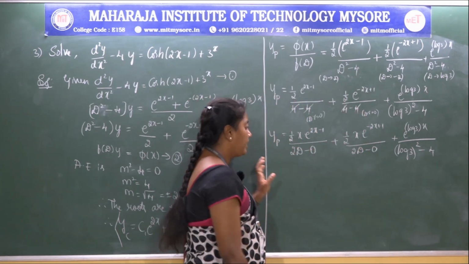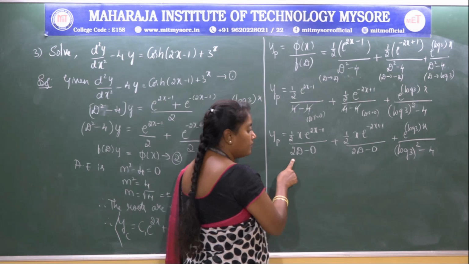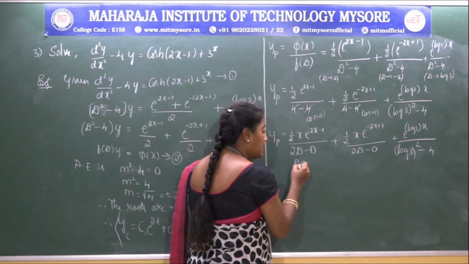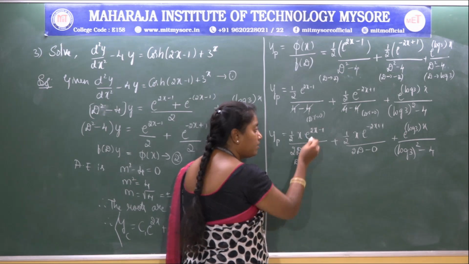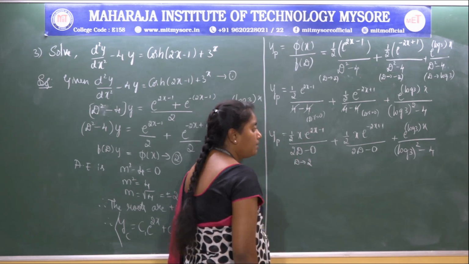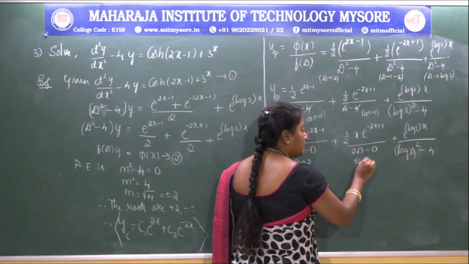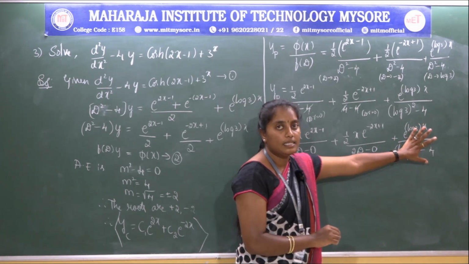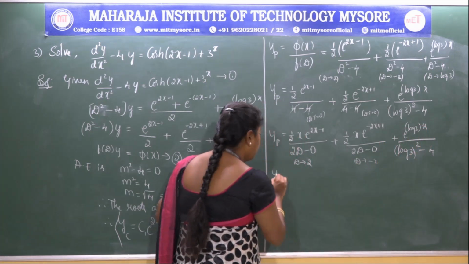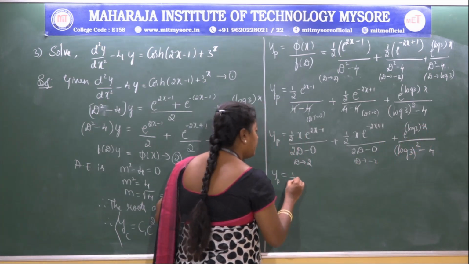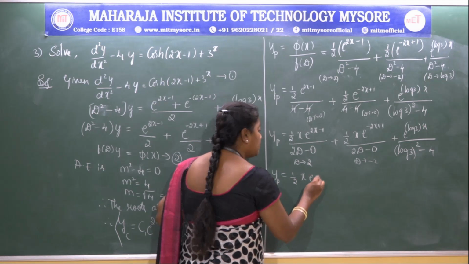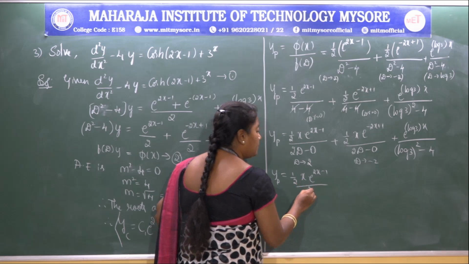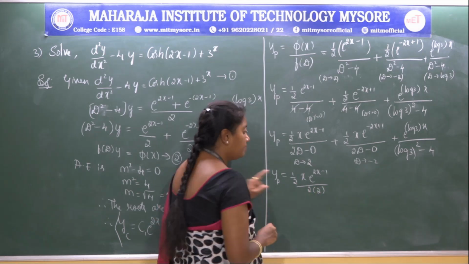So now simplifying this, after differentiating, again we have to apply the same procedure, replace d by, what is the value of a, that is 2. Replace d by 2, replace d by minus 2, and the solution for this part is completed. Yp is equal to 1 by 2 x into e power of 2x minus 1 divided by 2 into 2.